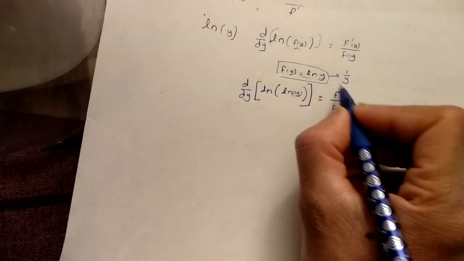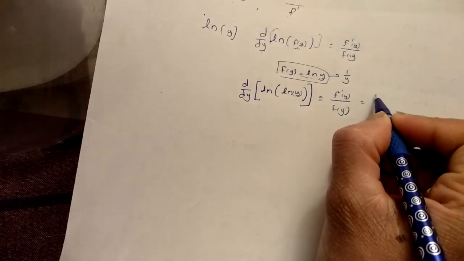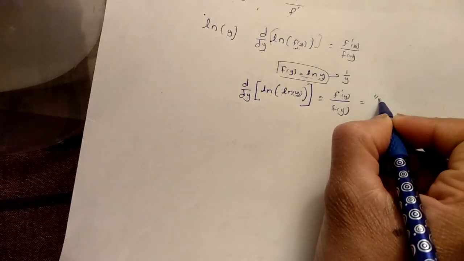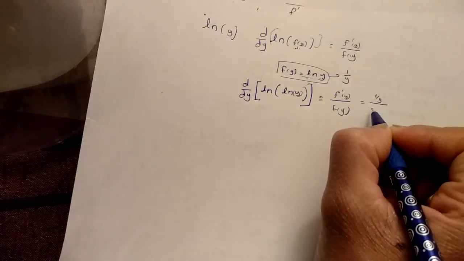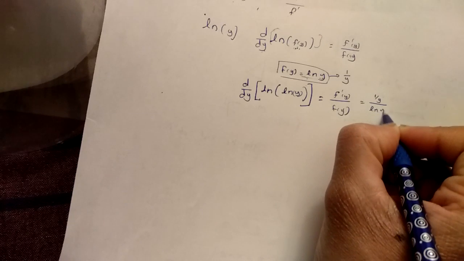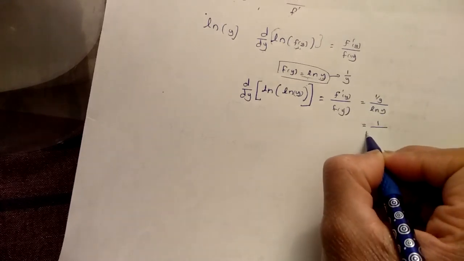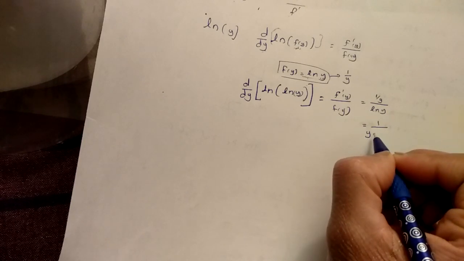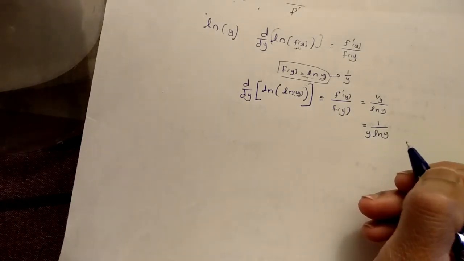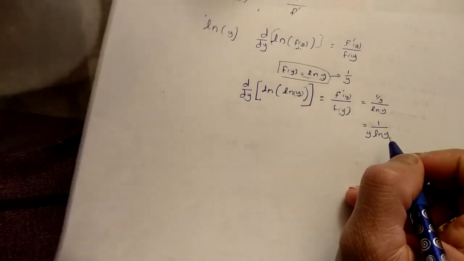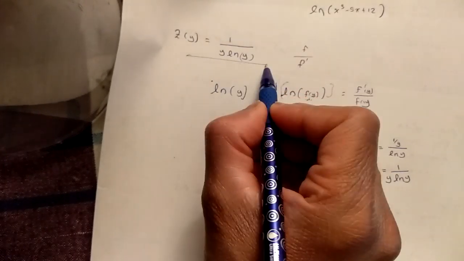So here you will get 1 over y. That means in the numerator you will have a 1 over y term, and in the denominator you have f(y), that means ln y, which gives you 1 divided by y times ln y, which is the original function that they have given.